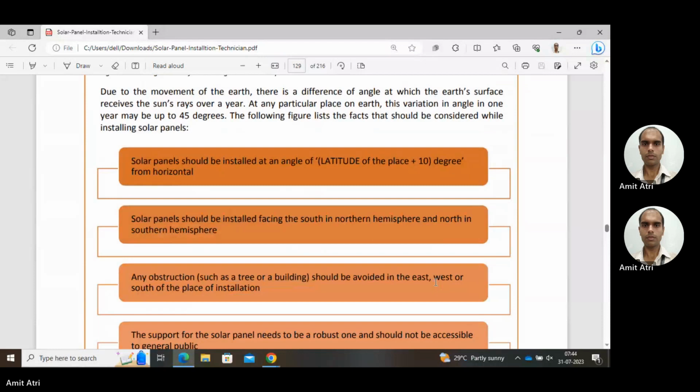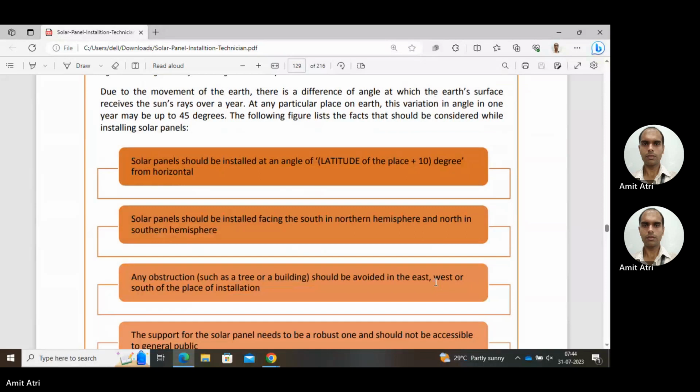So the angle at which earth is receiving the sun's rays or the light from the sun, that changes. It also depends on the geographical location. Everywhere this angle will not be the same. On the earth at different places, the angle will be different. Solar availability will be different. So at any particular place on earth, this variation in angle in one year may be up to 45 degrees. It can change.